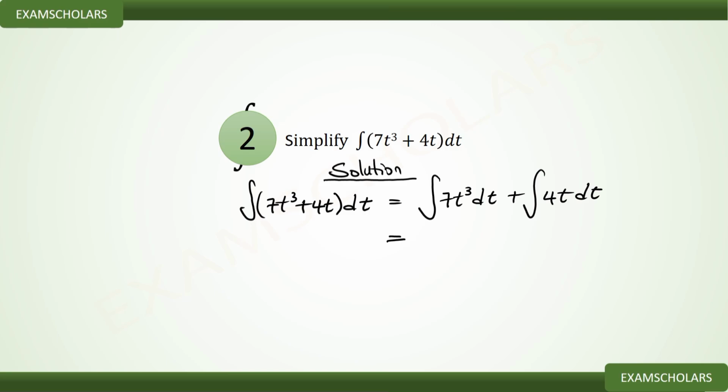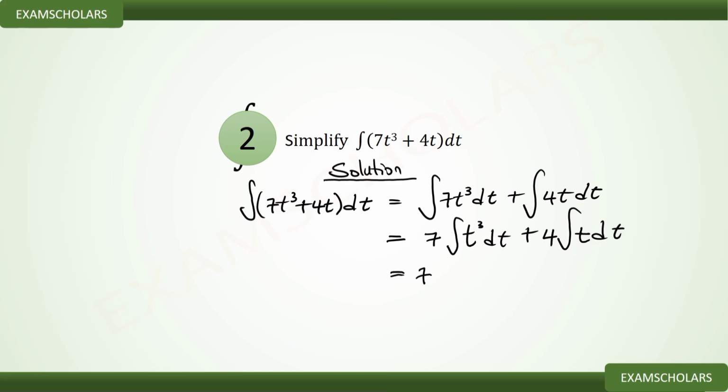Listen attentively, this 7 here, which is a constant, can come out. So you have 7 times integral of t cubed dt plus, the same thing applies to 4. 4 can come out. t dt.